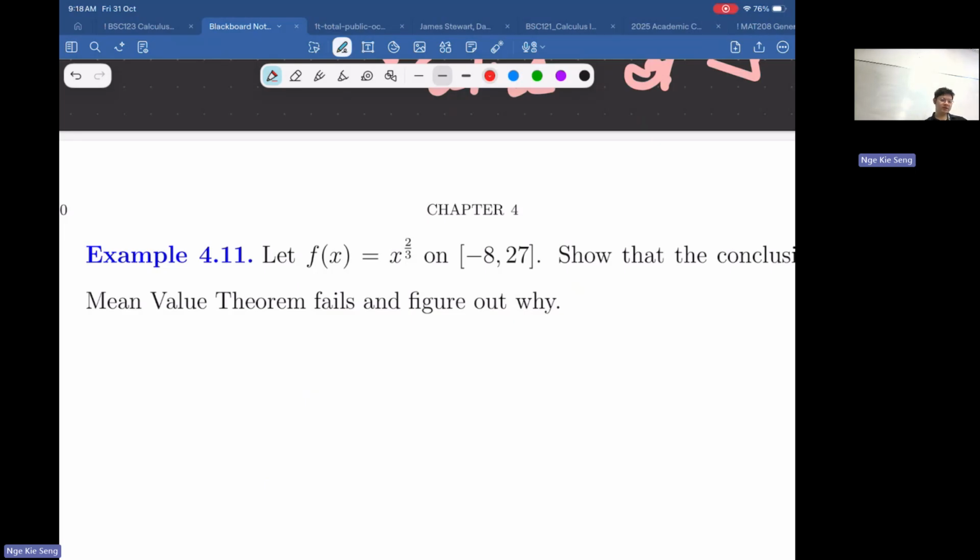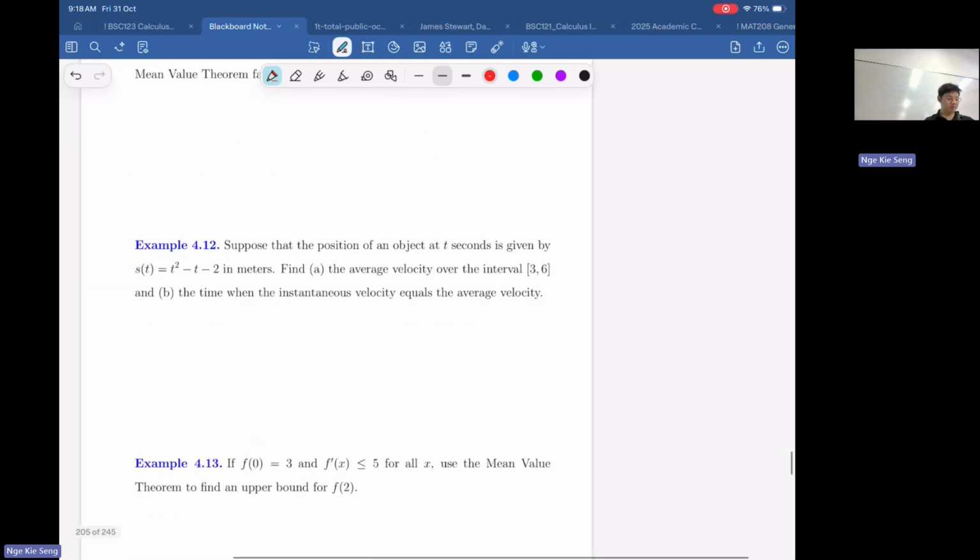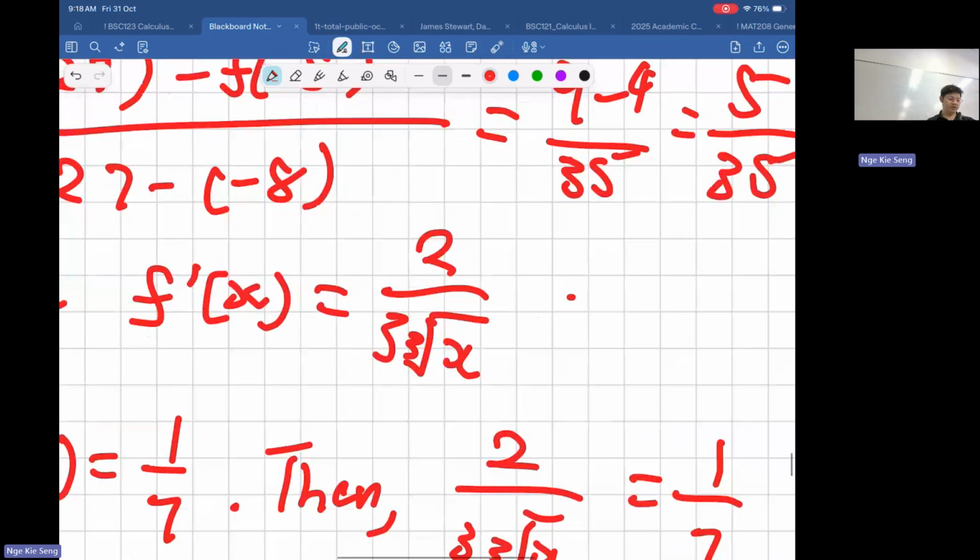Square is continuous, and cube root works for negatives also. So this function is actually continuous, which you can show using limits. Something is wrong with differentiability.